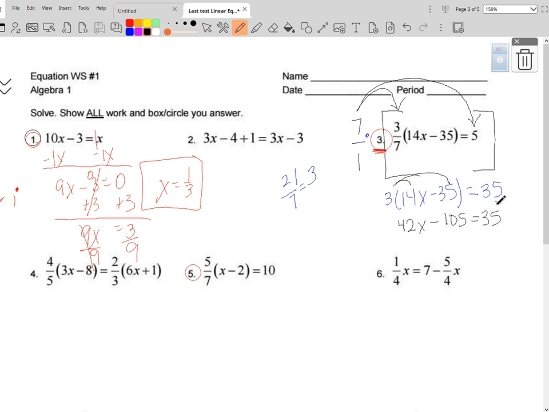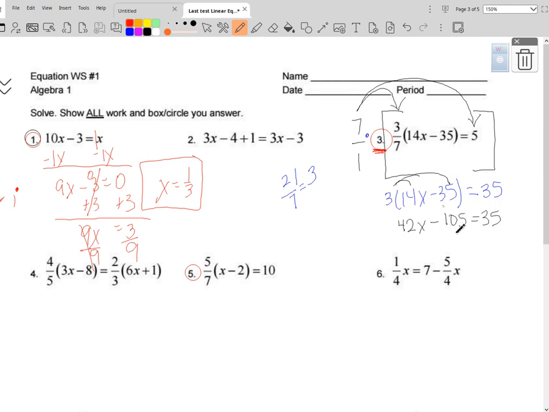So now, we don't have variables on the same side, we don't have any parentheses left to distribute into, we do not have any fractions. Now we are just solving. So our operations we're undoing, again, are subtraction and multiplication. 42 times x minus 105 equals 35.